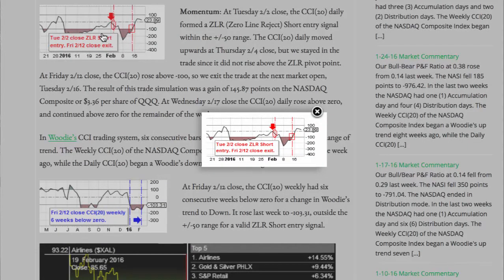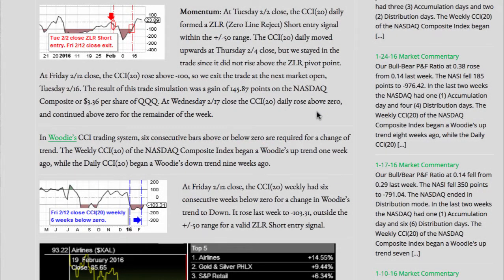Momentum. At Tuesday, February 2nd close, the CCI 20 daily formed a zero-line reject short entry signal within the plus or minus 50 range. The CCI 20 daily moved upward at Thursday, February 4th close, but we stayed in the trade since it did not rise above the zero-line reject pivot point.